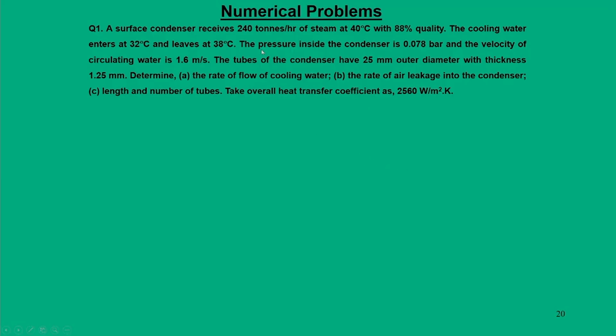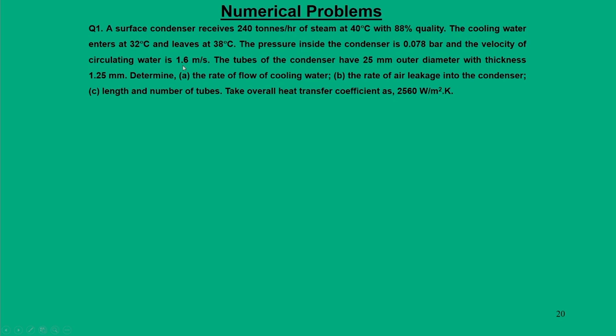The problem statement goes like this: the surface condenser receives 240 tons per hour of steam at 40 degree centigrade with 88% quality. The cooling water enters at 30 degree centigrade and leaves at 38 degree centigrade. The pressure inside the condenser is 0.078 bar.